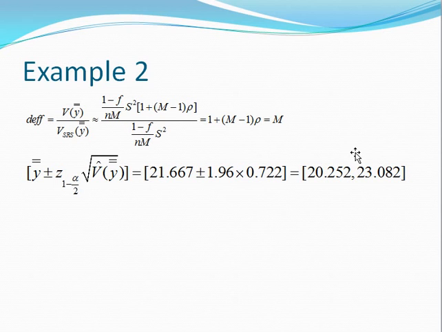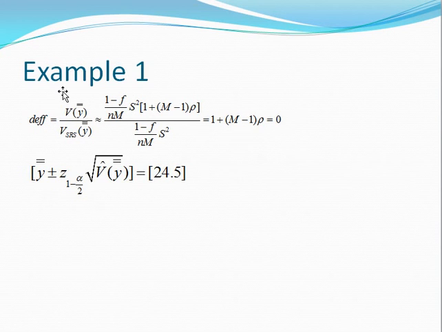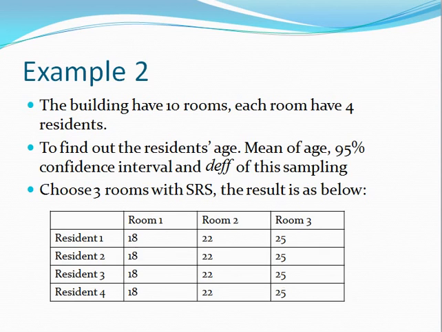So compare these two examples. In the result part, you can see the design effect is m, which is the maximum value, and in the other the design effect is 0, which is the minimum value. So example 1 is much better than example 2: example 1 is the best result we can get, and example 2 is the worst result we don't want to get.